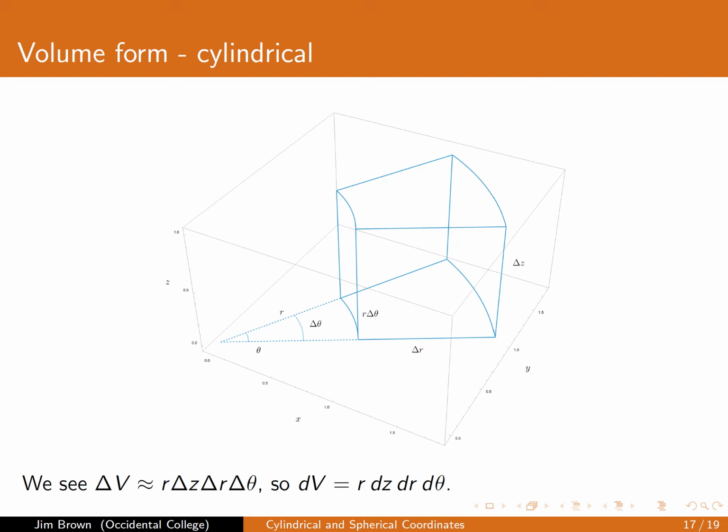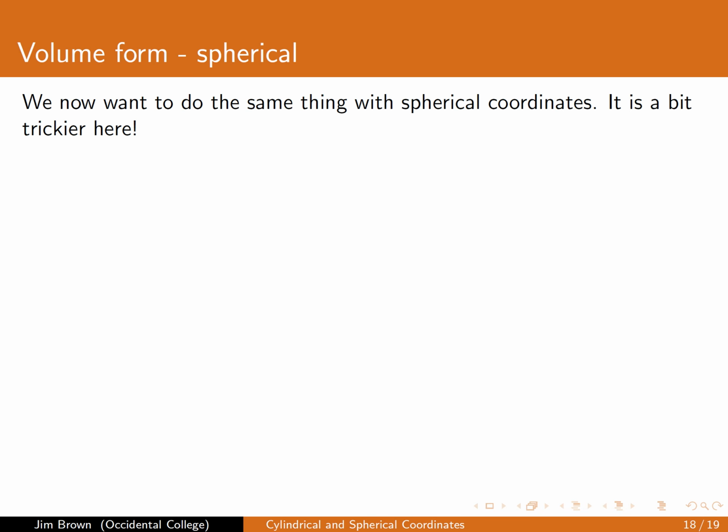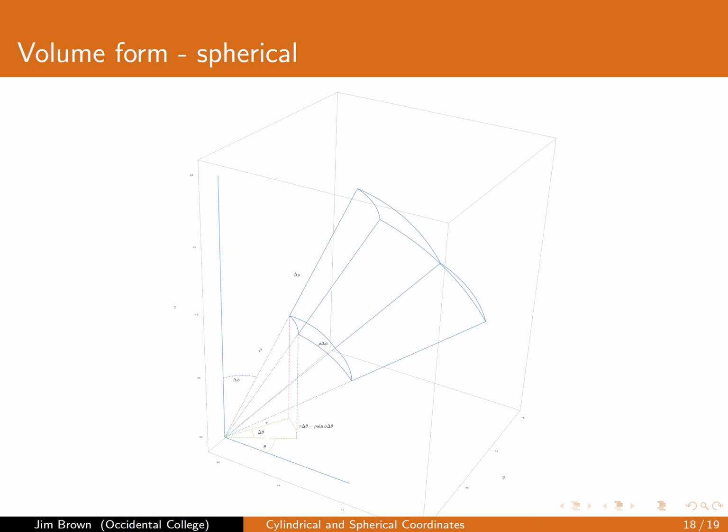And now the last thing we need from this is the volume form for spherical coordinates. And this is a little bit messier to do. So here is our picture. This looks kind of messy, but here we have our delta phi coming down here. This is our rho going out. So this distance from here to here is delta rho because it's the change in rho. And now this distance is rho, how far we go out, and then the delta phi, how much we're changing our phi going down.